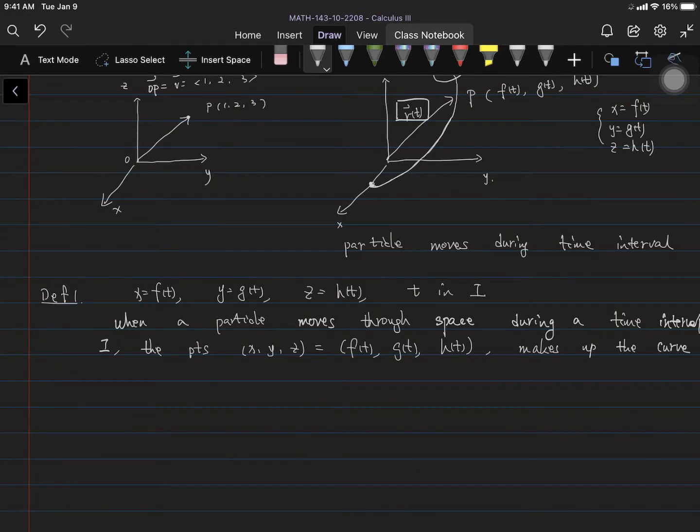And the curve definitely is in 3D, right? Three dimensional, because here we have 3 components. So a curve in space, that we call the path.